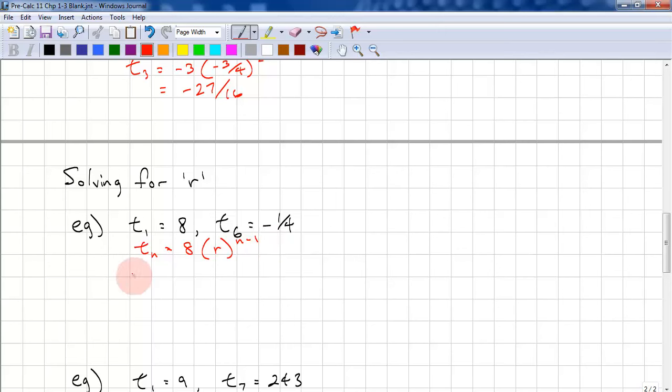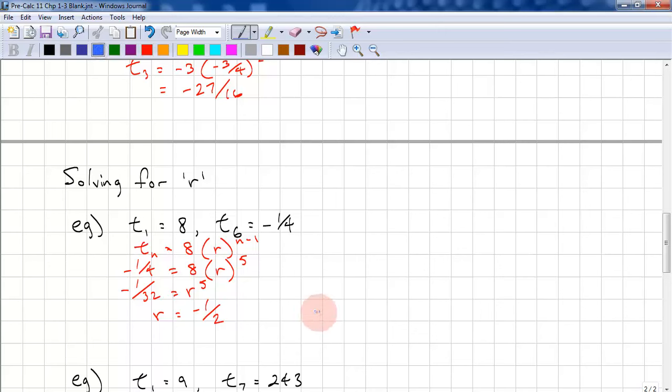And then we substitute. -1/4, 8, r, and n is 6, so this is 5. Divide both sides by 8, and we have -1/32 equals r to the 5th. Now we need to take the 5th root of both sides, so r equals -1/2.